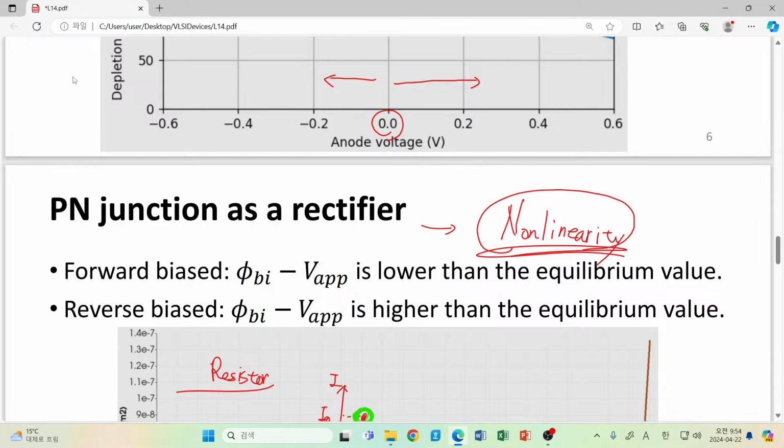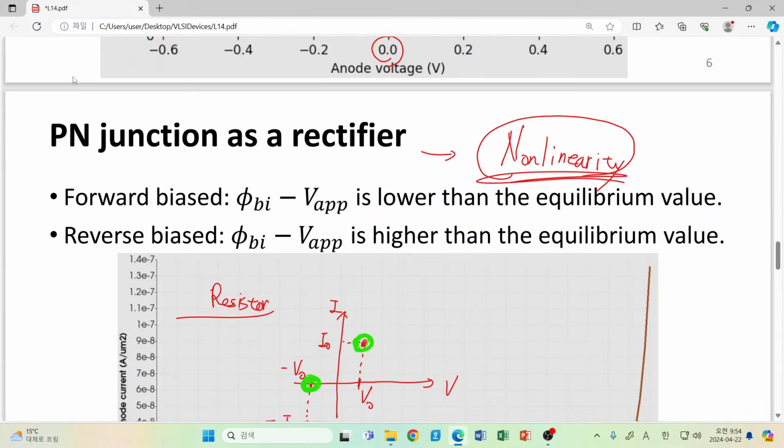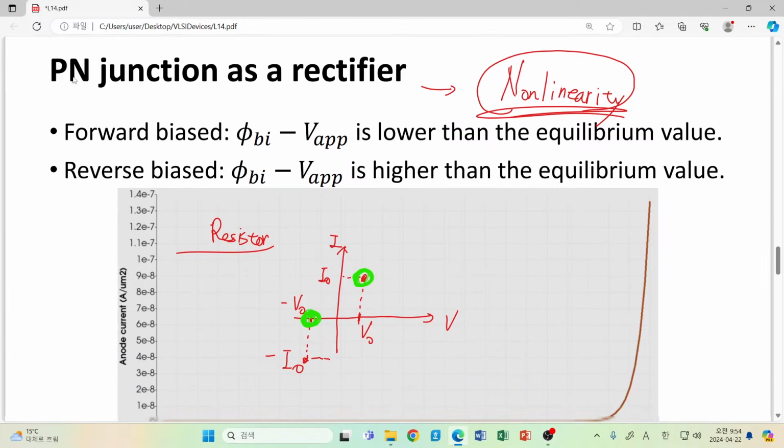I'm not quite sure I have delivered the main point, but we have two different current conduction mechanisms, and in the p-n junction they are perfectly balanced at equilibrium. Depending on the polarity of your applied voltage, this balance is unbalanced, and that's the reason why we have two different behaviors of a p-n junction.